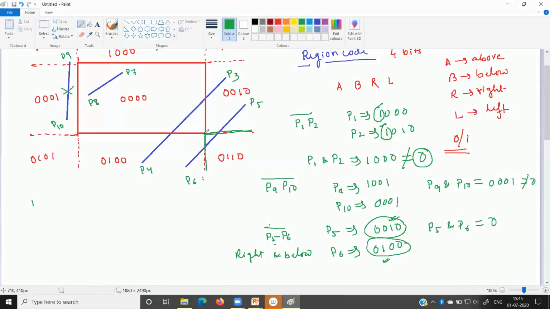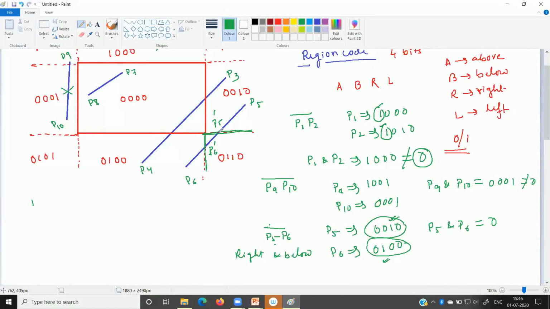So this is the line of the clip window, which is the below boundary line, and this is the right boundary line of the clip window. So we have to find out the intersection points. Let us say this intersection point is P5 dashed and this intersection point is P6 dashed. After finding the intersection points, you have to find out the region code again.